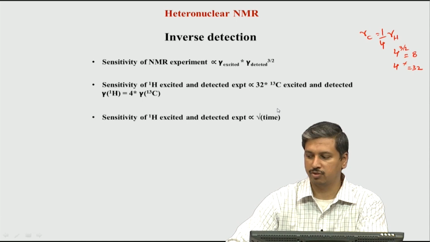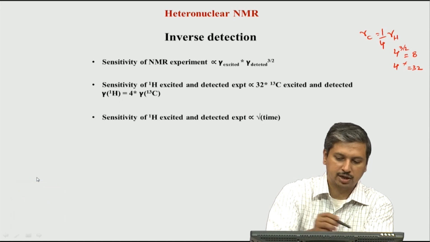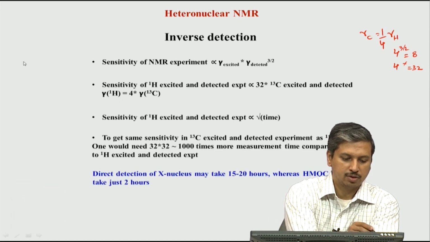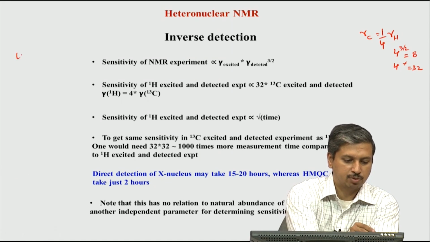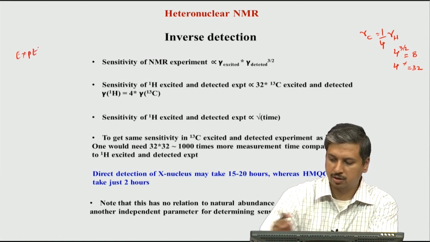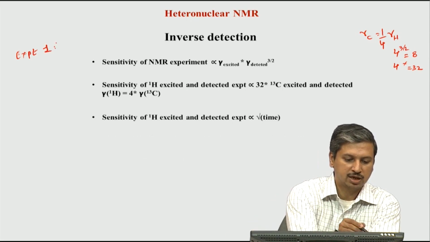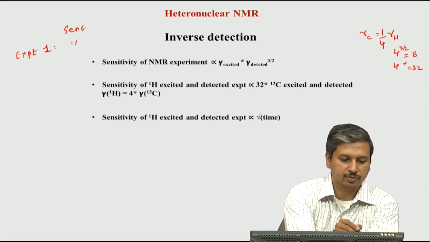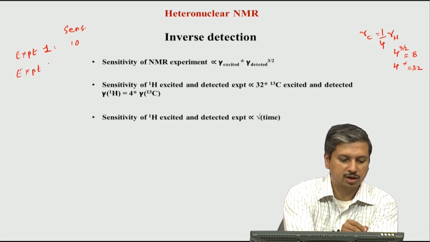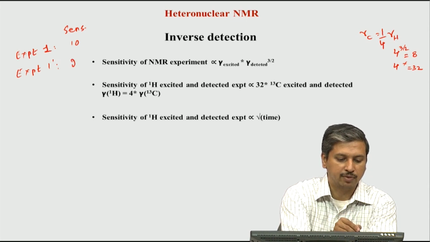So, let us say I have two experiments. Experiment number 1 has a sensitivity of, let us say, 10, and I have experiment number 2, or I want the same experiment, I call it 1 prime, and I want a sensitivity of 20.